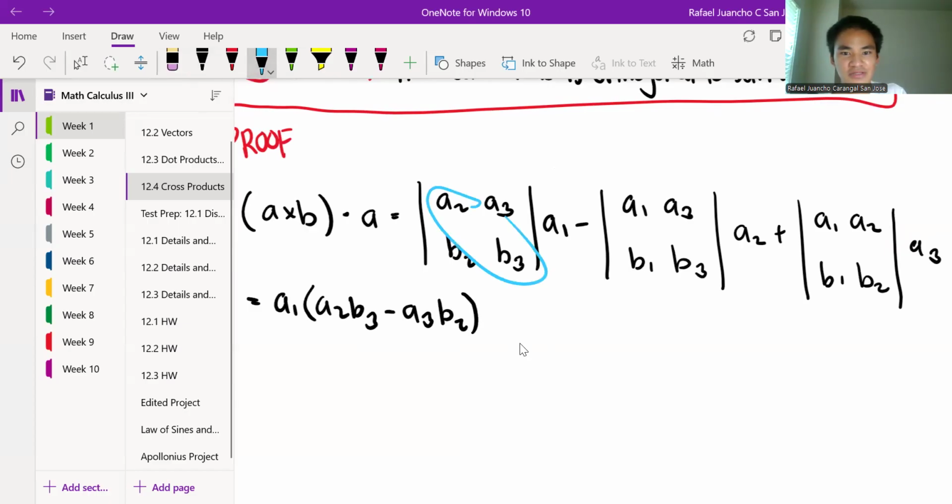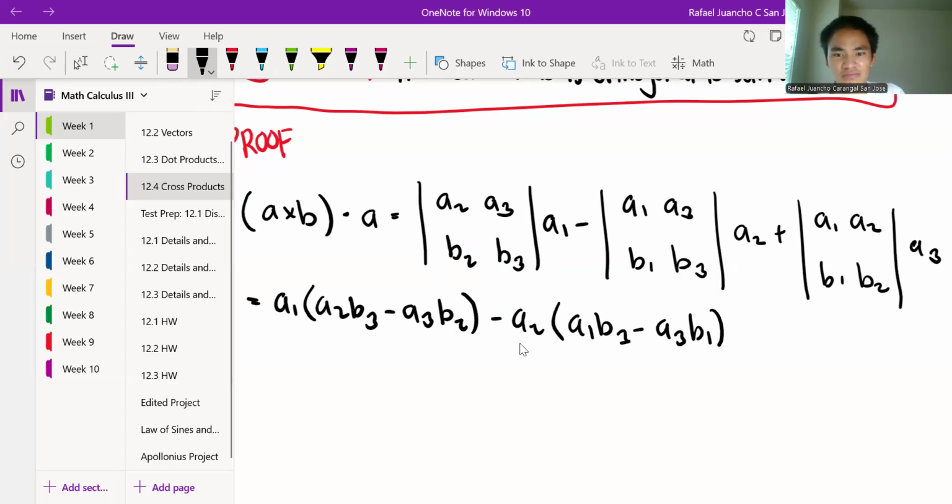We're just going diagonals here. We're subtracting those. Minus A2, we go A1, B3 minus A3, B1. We actually see a pattern here, funny enough. A3, A1, B2 minus A2, B1.